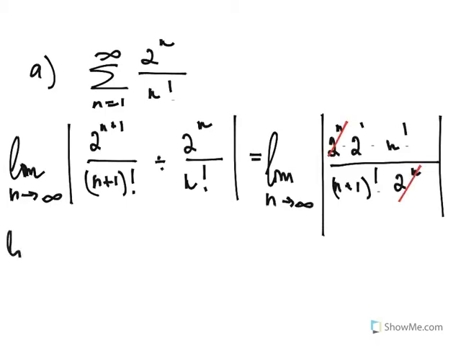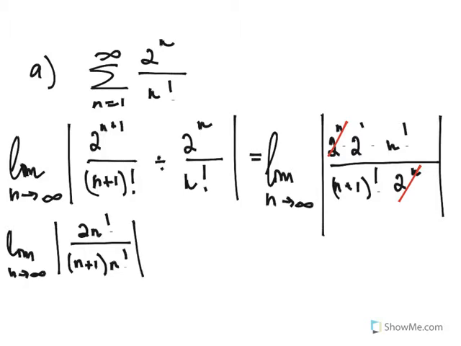So let's see what we have left. We have 2, we have n factorial. On the bottom we have n plus 1 factorial, which is equivalent to n plus 1 times n factorial, we talked about it in class. Now again, we can simplify even more, and we end up with 2 over n plus 1.